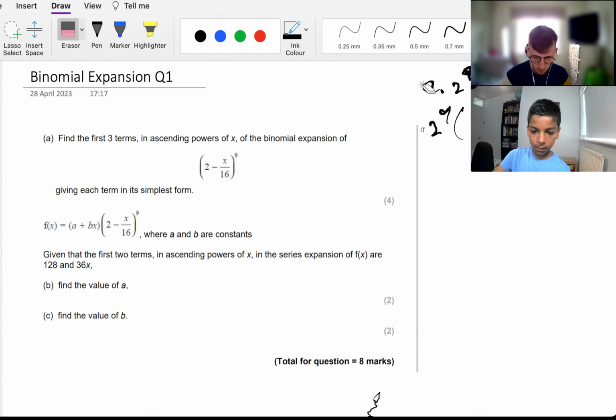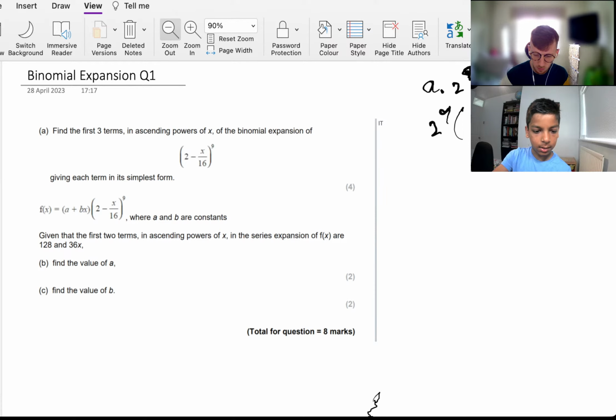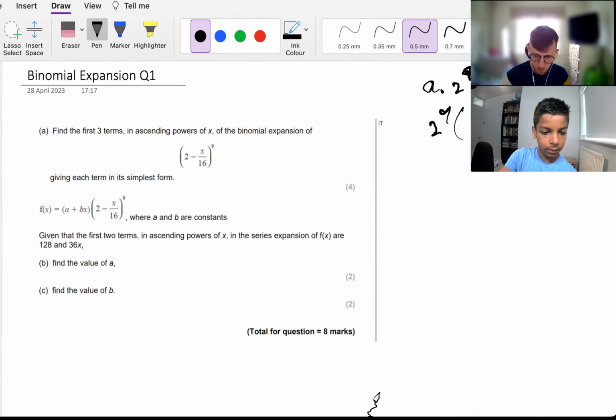There's some sort of problem and every time I change something it just goes back to normal. When I zoom out it just stays like that for some reason. So I'll just go like that.